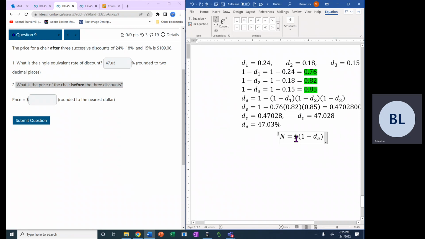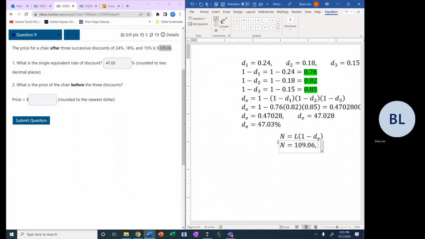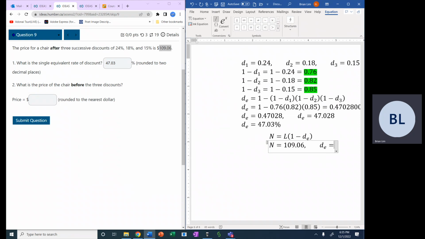We know the price after the 3 discounts. The price is 109.06, so that is N. And the single equivalent rate of discount expressed as a decimal is 0.47028. Let's carry the 5 decimal places.